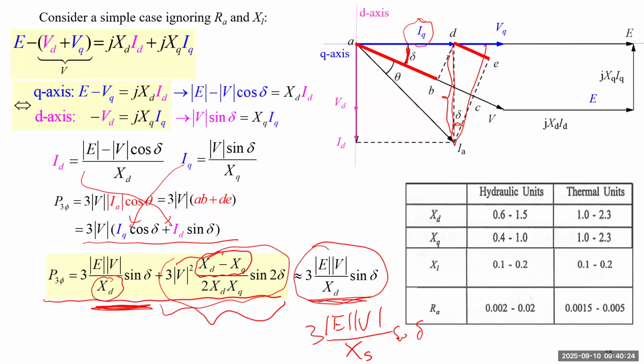And the percentage of the leakage reactance to either the D or Q reactance can be bigger compared to a thermal unit. Okay, so if this difference is not important to the calculation, you can utilize this approximate formula. Otherwise, you can utilize the accurate formula.